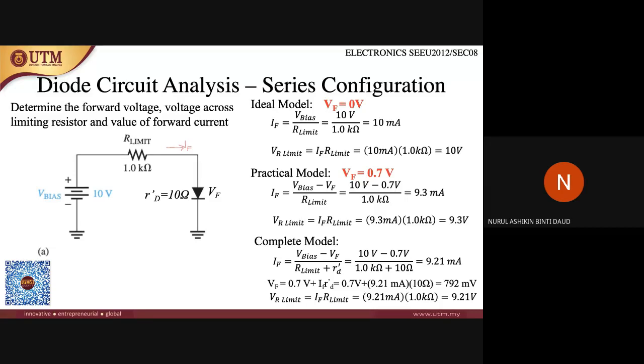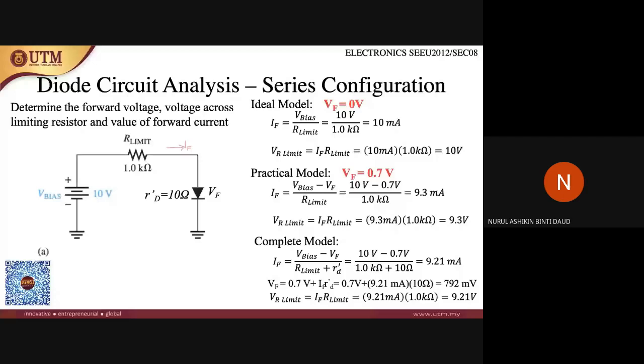Usually the diode resistance is very small compared to the resistor that we applied directly to the circuit. So 1 kilo ohm plus 10 ohm. So divide the voltage value just now by that, and you will get 9.21 milliampere. So if you want to find the VF value, now it is different.